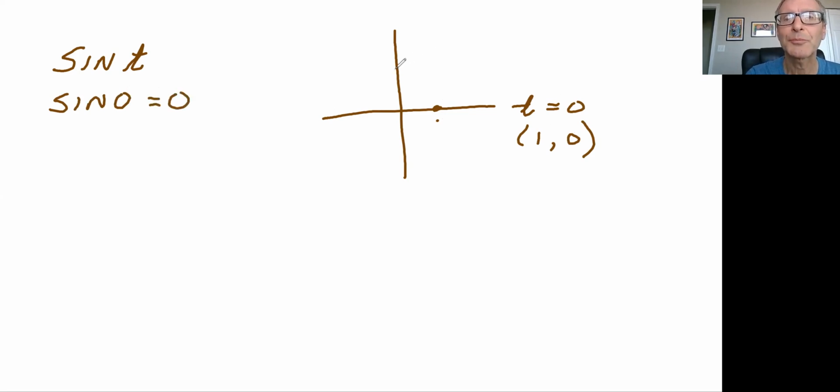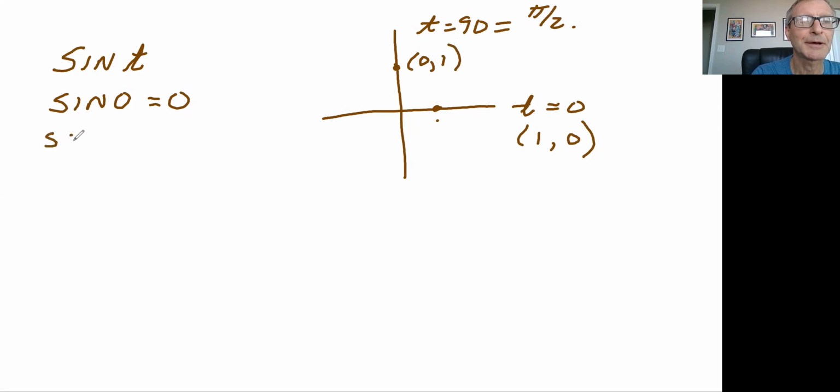So what happens when we're at t equals 90 degrees? When we get to 90 degrees, or pi over 2 if you want to do radians, and we will do radians, so let me do both of those, we have x equals 0, y equals 1. So what would be sine of 90 degrees, or pi over 2?